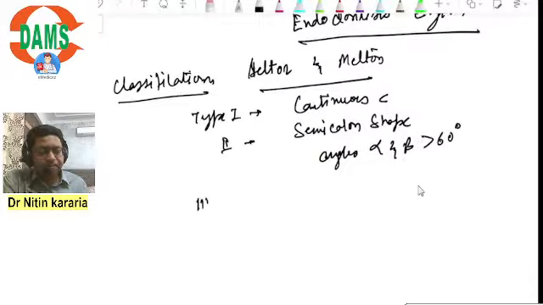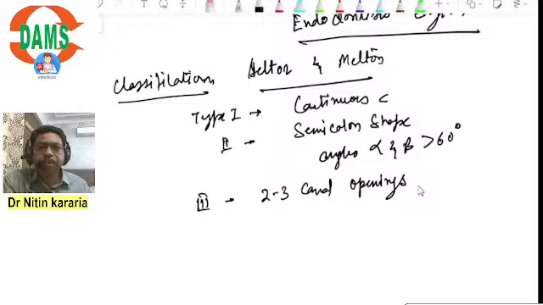Type 3 C-shaped canal has 2 or 3 canal openings. Instead of a single C-shape opening, it has 2 or 3 canal openings with angle alpha or beta less than 60 degrees.